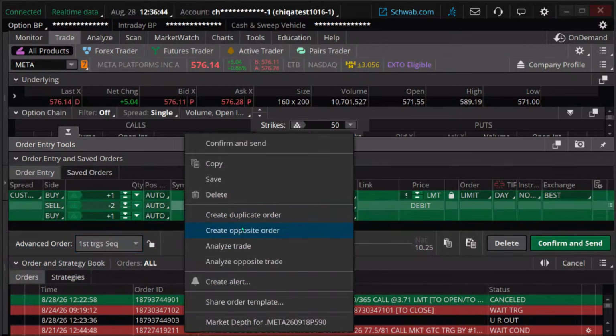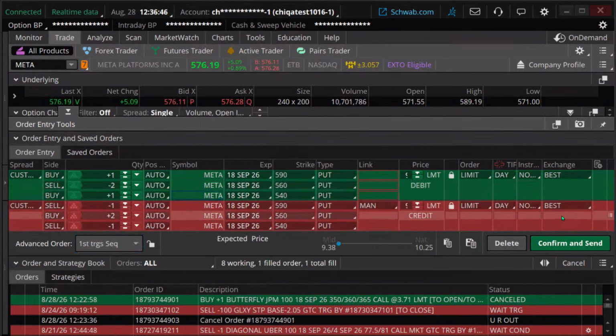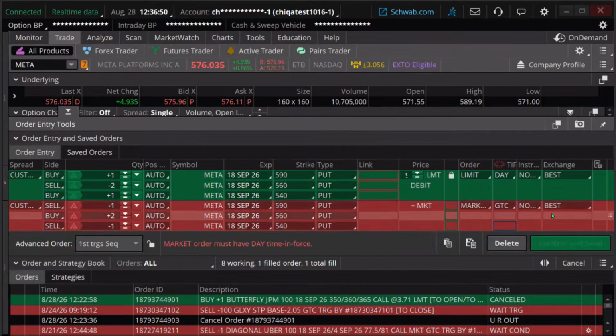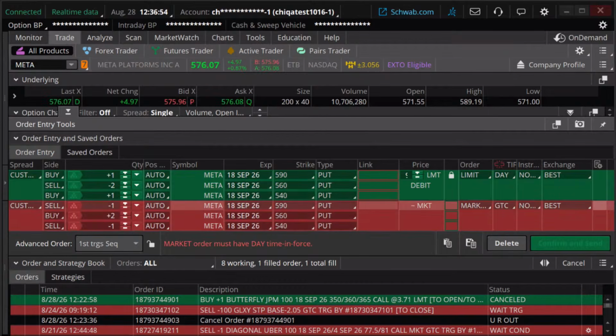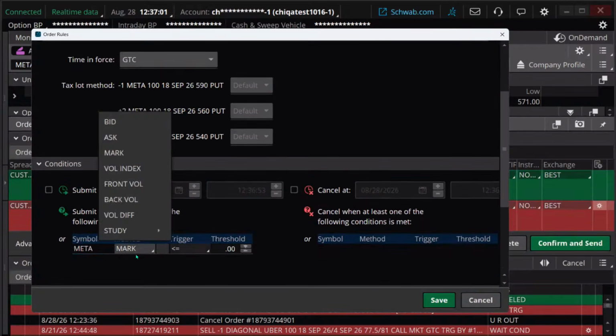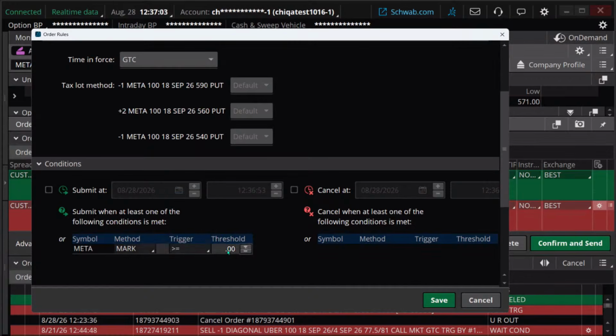Then I'm going to right click, create an opposite order, this one to get us out, mark it, do the same as what we did before. Click on my gear, pulls up a window, different screen, pull it over. We said if meta marks greater than or equal to 590, we're getting out. Save.